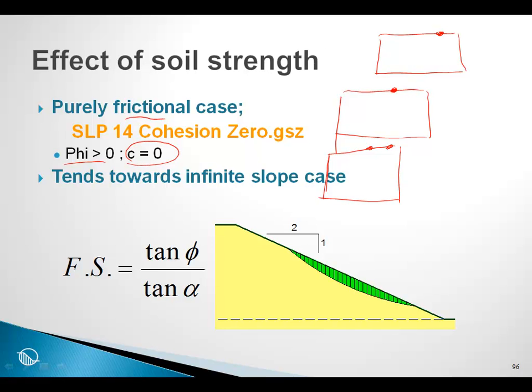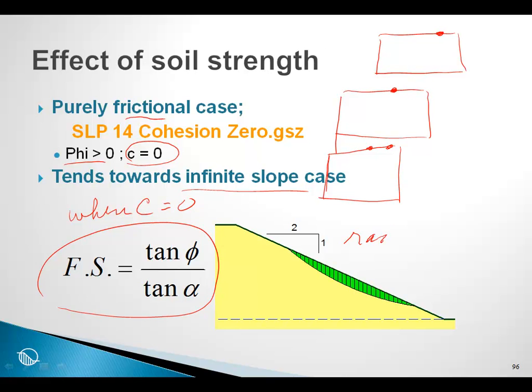The reason that this happens is that theoretically the correct solution is when the radius is at infinity, or in other words, the solution tends toward the infinite slope case. So in this case, when c equals 0, the factor of safety simply is tan phi divided by tan alpha, and the radius tends toward infinity.